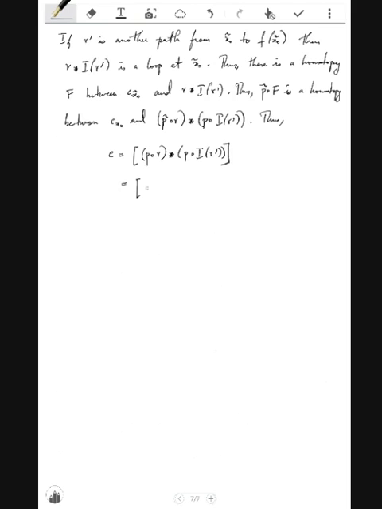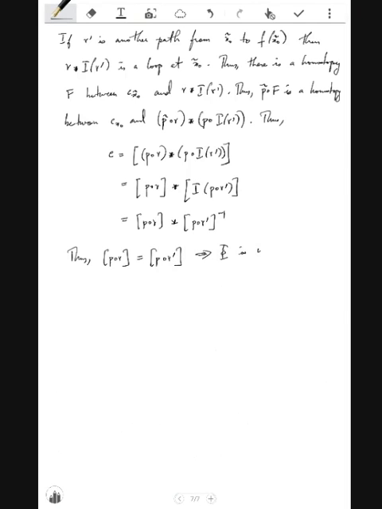This is equal to the class of p composed with gamma star the class of the inverse of p composed with gamma prime. Thus, the class of p composed with gamma is equal to the class of p composed with gamma prime, which implies phi is well defined.